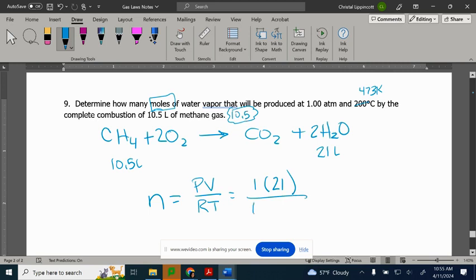Pressure's an ATM, and temperature is our 473. I ended up with 541. And that's going to be moles of what? Water. Yep. Water vapor.